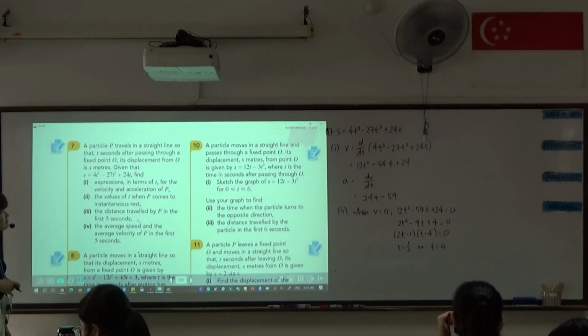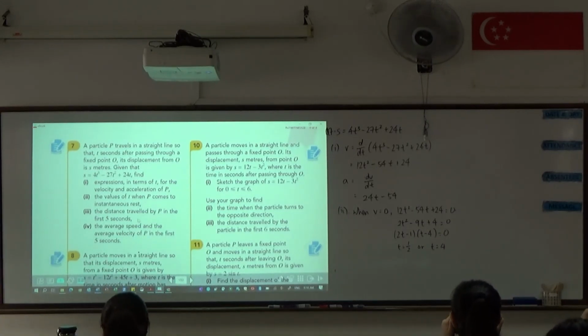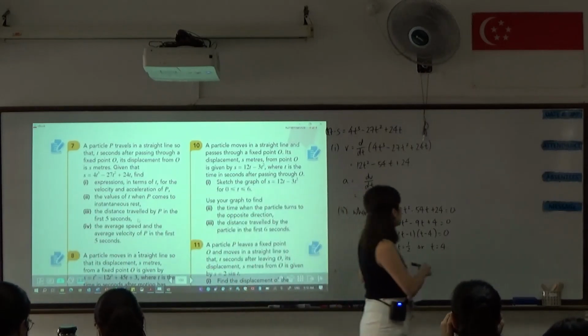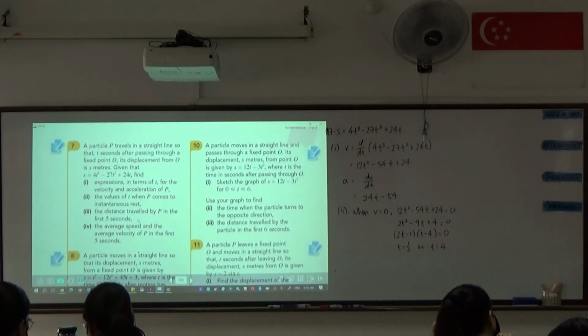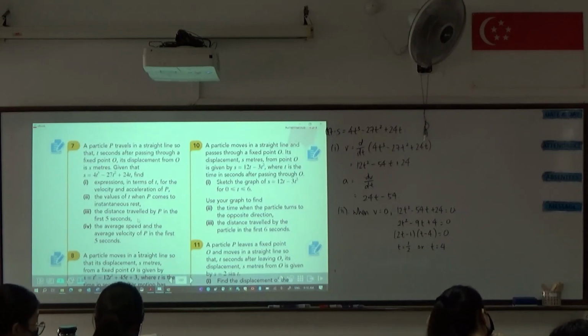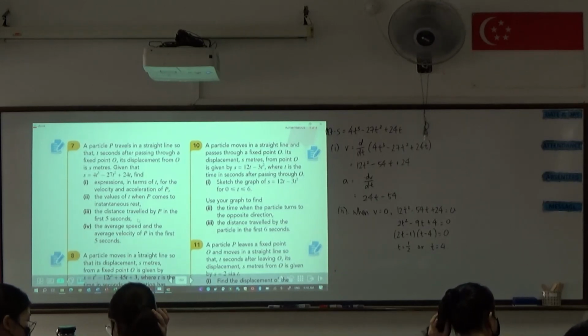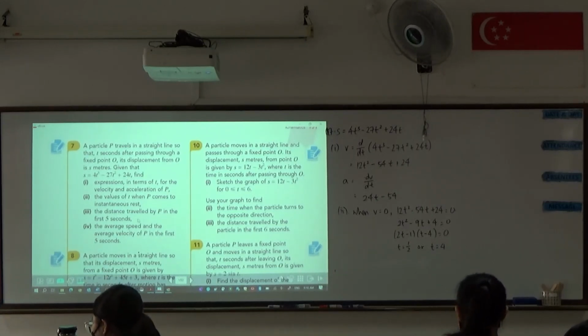In part 3, we want to find the distance traveled by P in the first 5 seconds. Now, the challenge is that we need to observe in part 2, when t equals half and t equals 4, that is when it comes to instantaneous rest. When it comes to instantaneous rest, the particle will turn and go in the opposite direction.